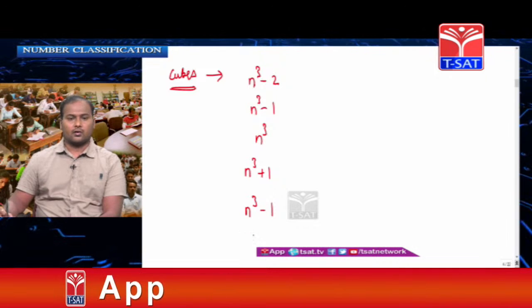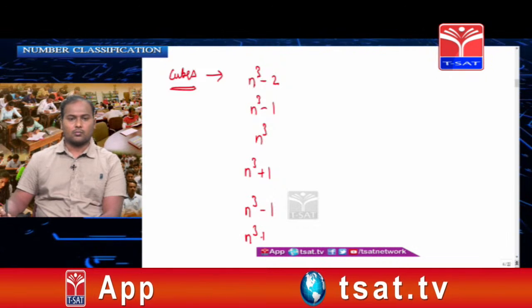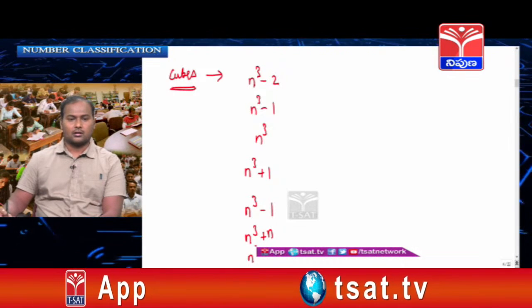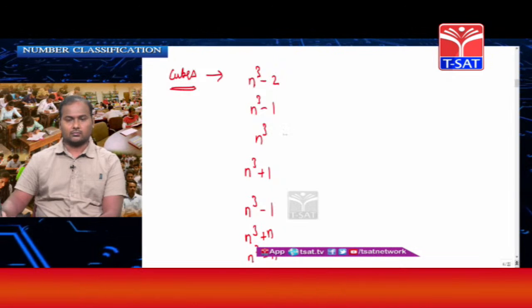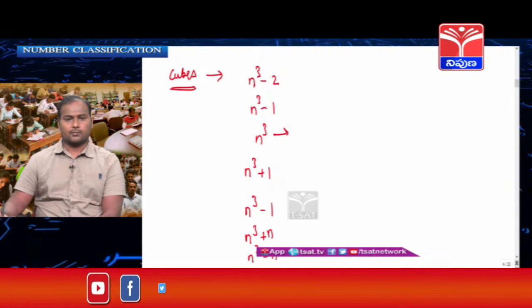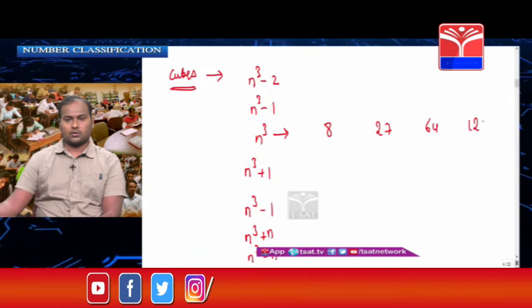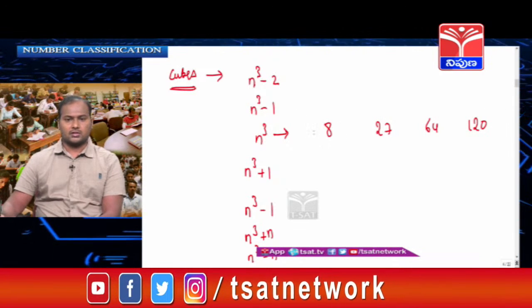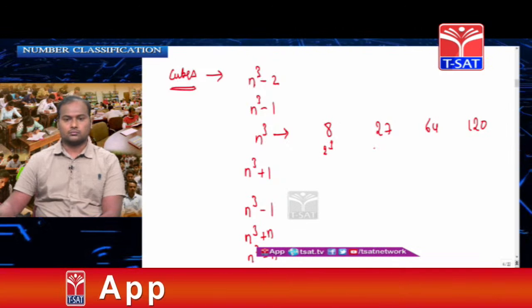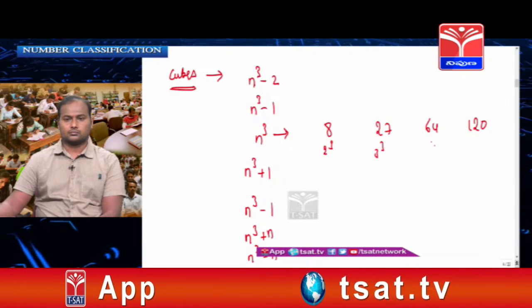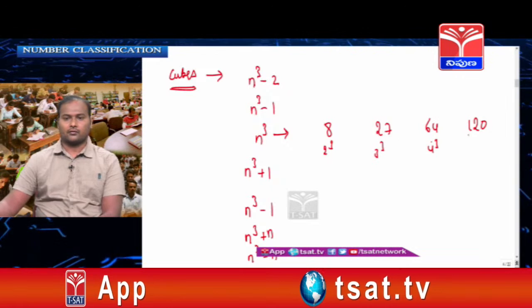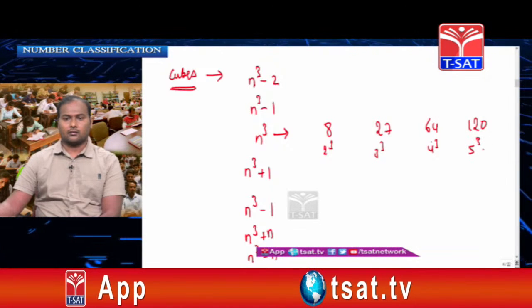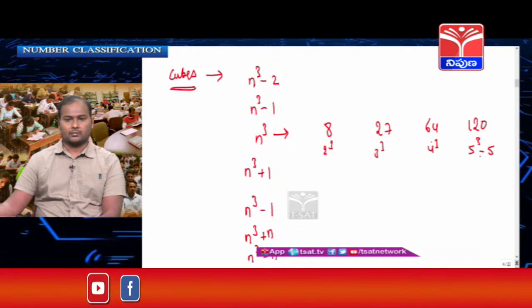The most important of all these is n cube plus n and n cube minus n. For example, if the question is based on n cube, directly you know we can write 2 cube, 3 cube, 4 cube. But if you see 120, we can write it as 5 cube minus 5.